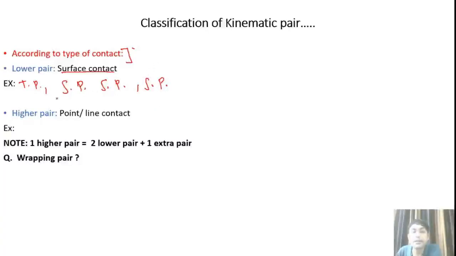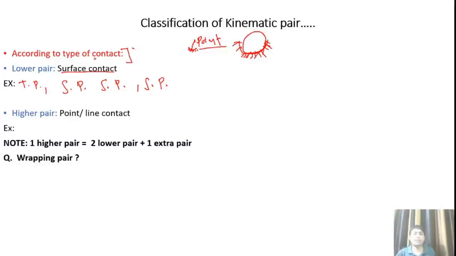Now the question is, sir, how is spherical pair a lower pair? Example is given, universal hook joint. Again you see this is not a point contact, this is a surface contact. Turning pair is also a surface contact.